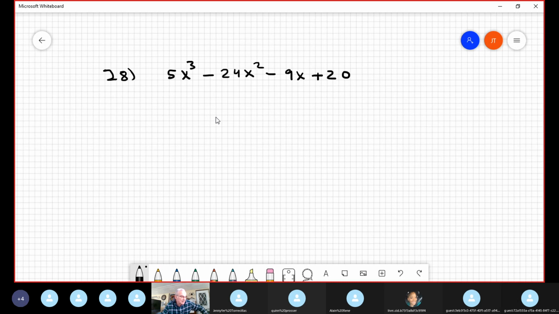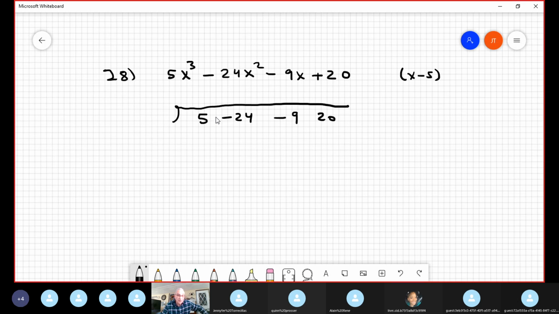Okay, I use exactly the same procedure. I go to decimals and I can see the factor x minus 5 graphically. I use my eyes. However, I want to verify algebraically or arithmetically using synthetic division. 5, negative 24, negative 9, 20.